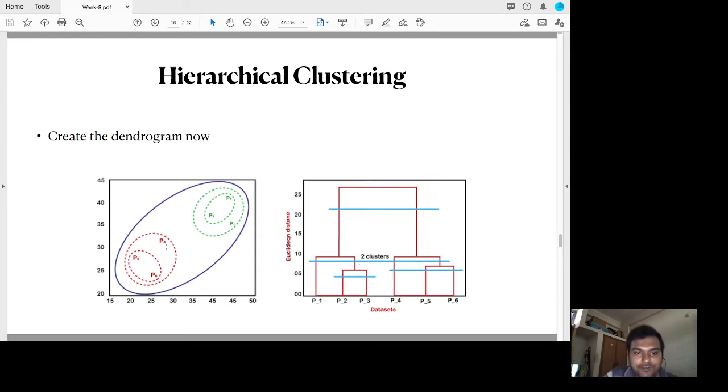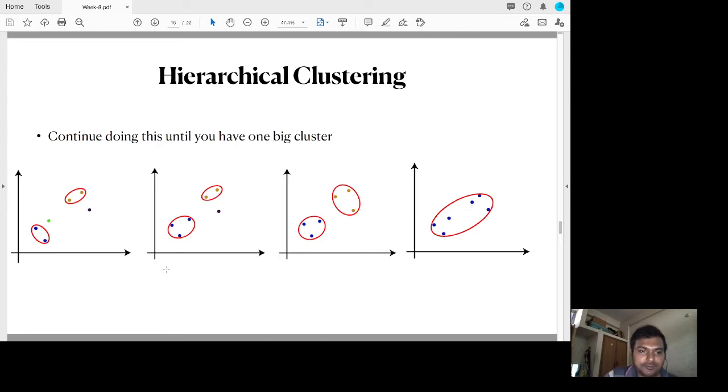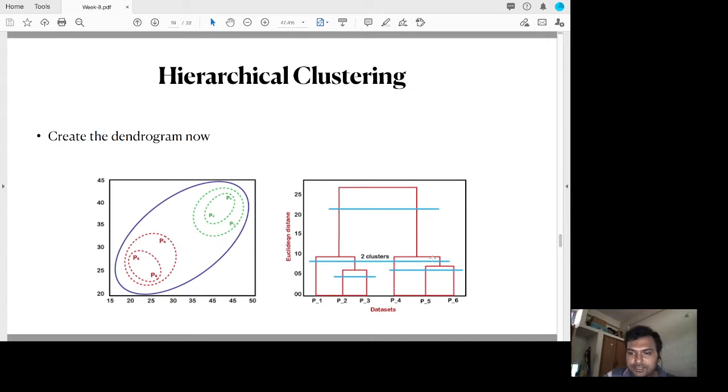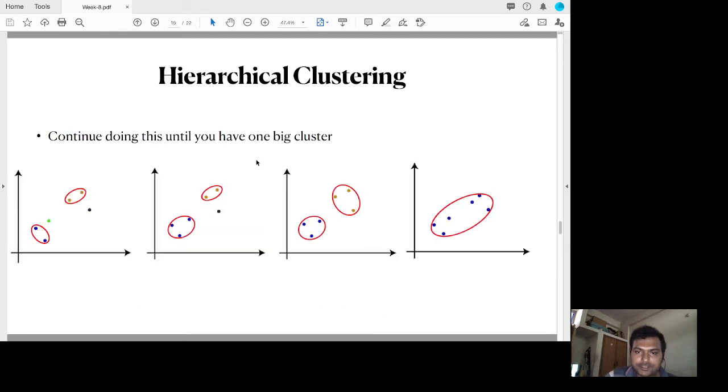So P4, P5 and P6 will then become a cluster according to this diagram. After that this particular cluster will come in, following which P1, P2, P3 will come in, and after P1, P2, P3 and P4, P5, P6 have been formed, you have two clusters, which is this particular diagram.